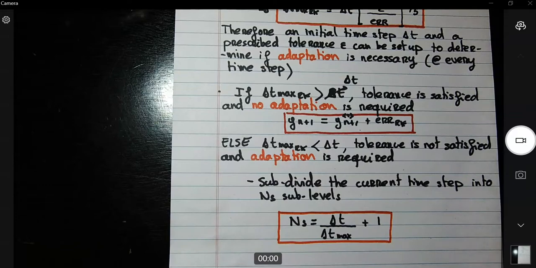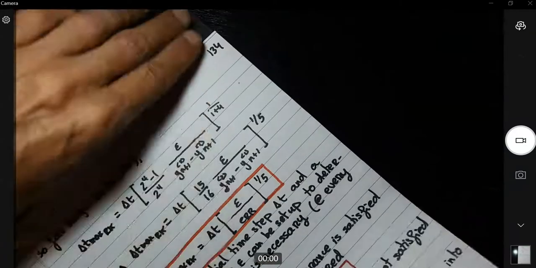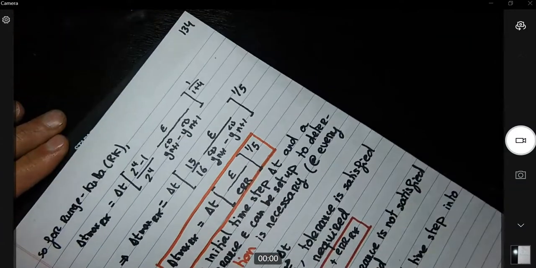Okay, so if that is now the number of steps within that interval, page 135, the new time interval becomes what?